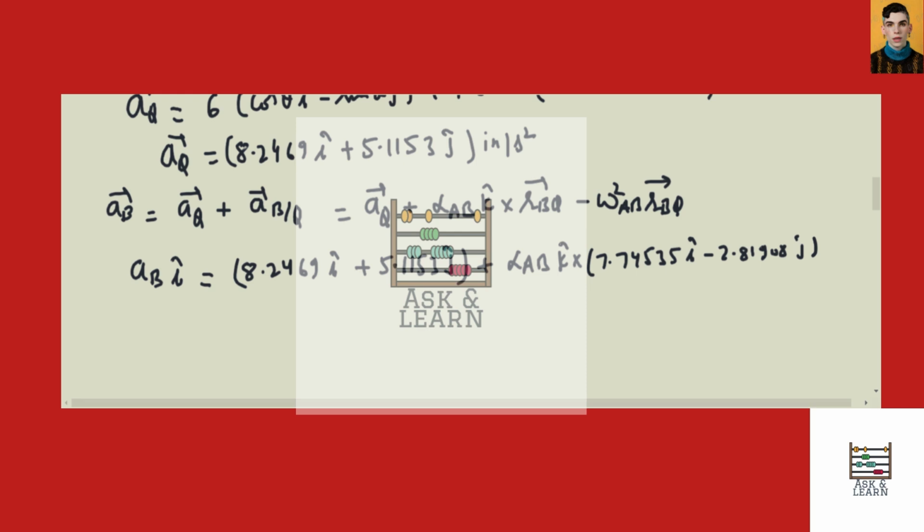Now we have to substitute omega AB is 0.39742 square and 7.74535 i cap.